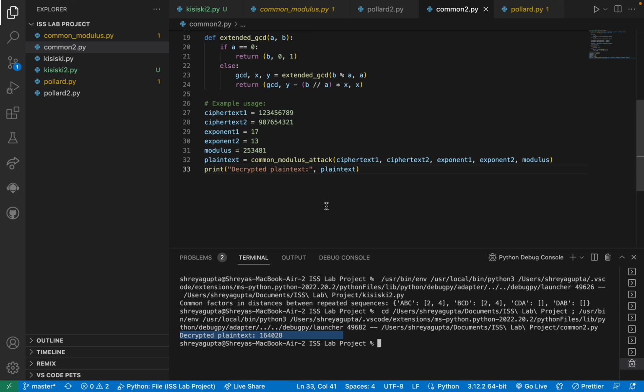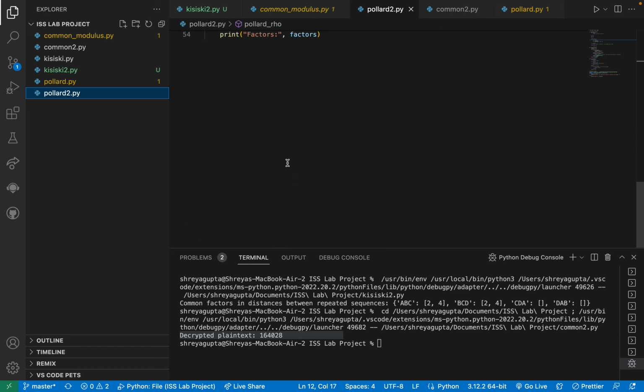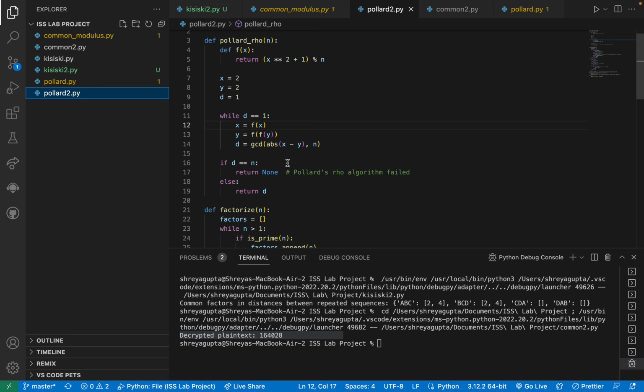Now next comes the Pollard algorithm. Let me open the code in front of you. That's the code of it, which was originally designed for integer factorization, but can be repurposed for primality testing. By finding a non-trivial factor, it determines whether a given number is likely prime.